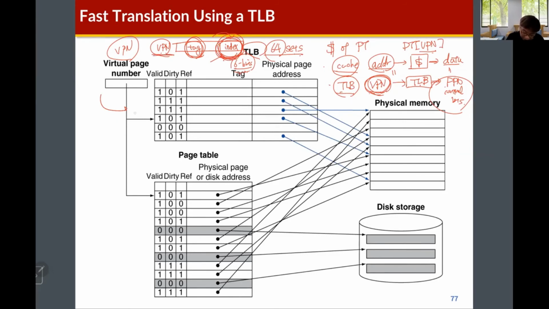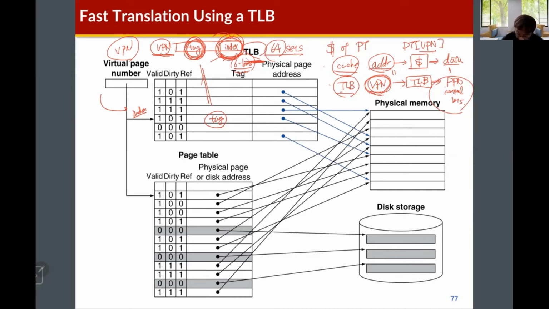With this set index, we access the TLB. Then the tag is read from the target set of the TLB and compared with the tag part of the VPN. It's the same as the cache, right? If this tag is equal to the tag part of the VPN, it means that the TLB has the requested virtual page number to physical page number translation information, so the mapping data.